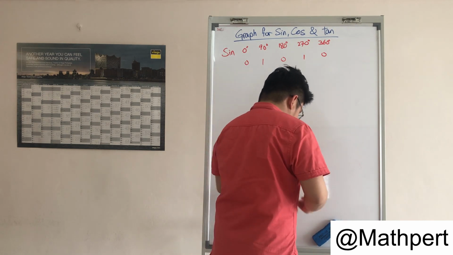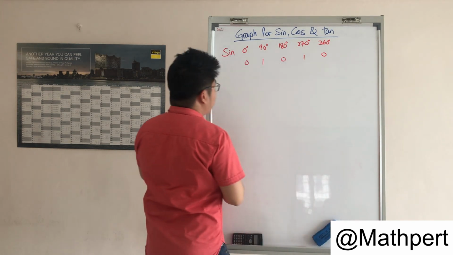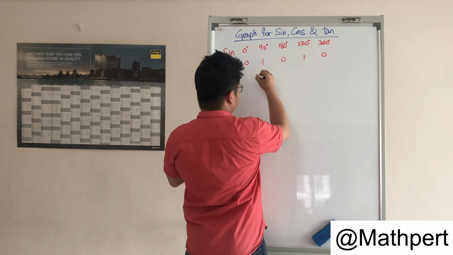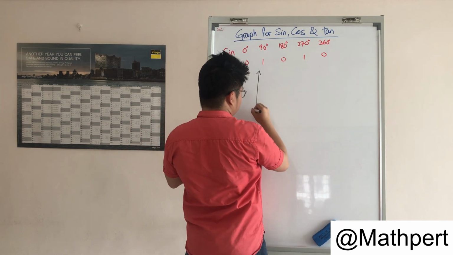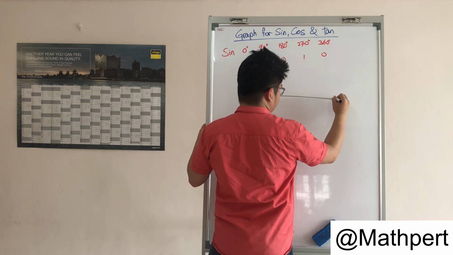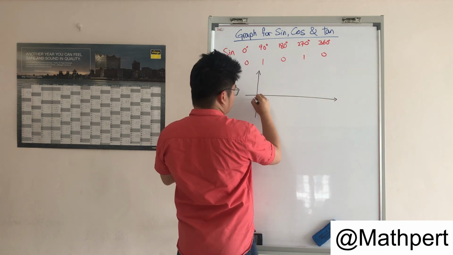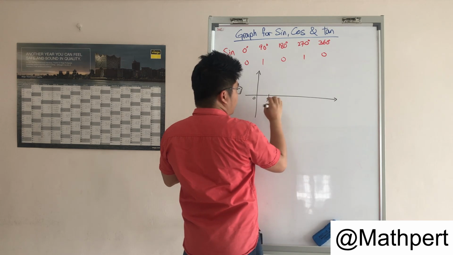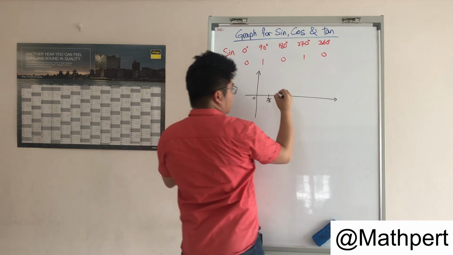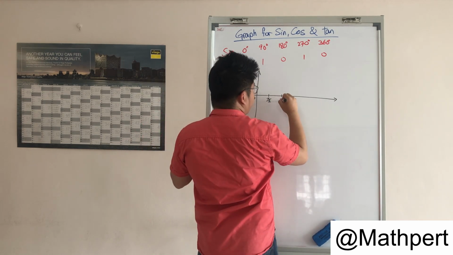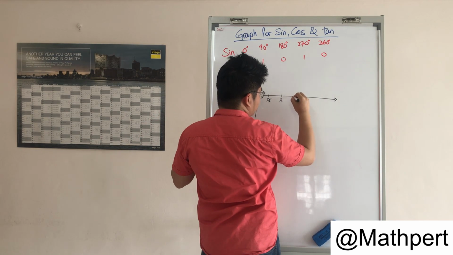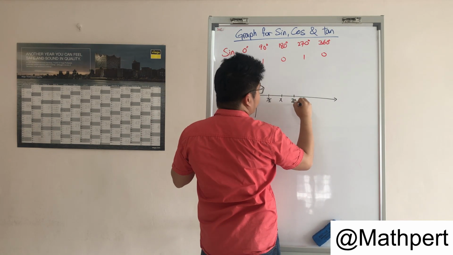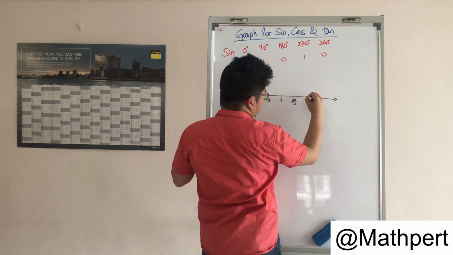So the graph for sine is: zero. Pi divided by 2 is 90. Pi is 180. 3 pi over 2 is 270.